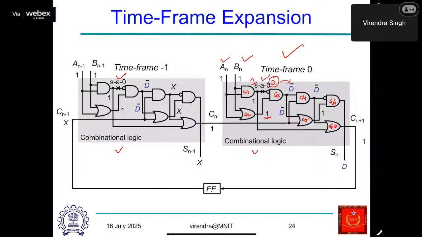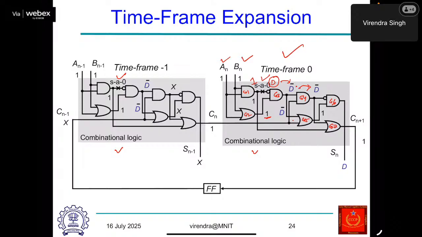Now this D bar, if I want to propagate it to the primary output, D bar is available here and D bar is available here. Let's say that I propagate through this path, because this is closer to the output. You can pick the other path as well.